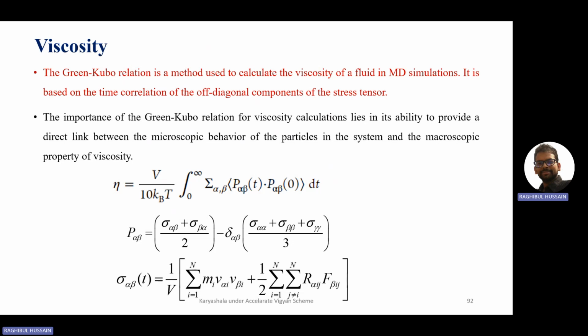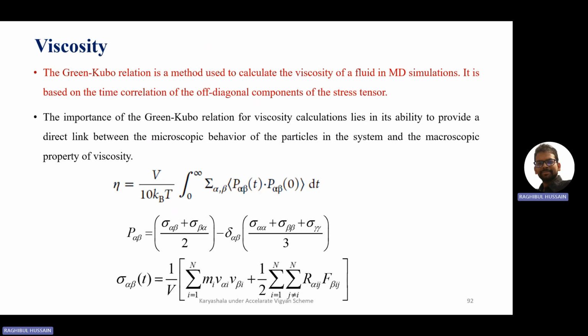Yes, for individual atoms, Rxij is the resultant distance vector in the x direction. No, that's only the x component, because here alpha is x, beta is y. Similarly, if alpha is y, beta is z, that will be different. This is i equal to 1, this is i equal to 2, this is i equal to 3.